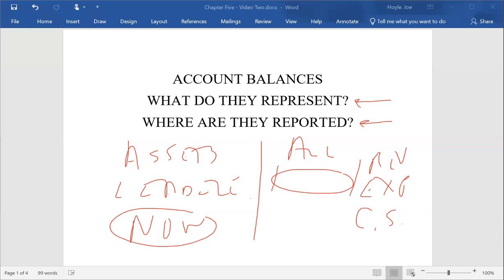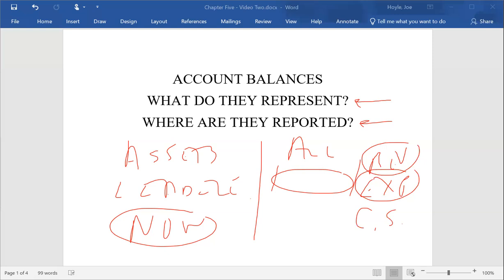Now, when we talk about the past, what time period are we talking about? For almost all accounts, the time period, at least in this course, is going to be 1 year. So when we measure revenues, we'll measure it as the amount of revenues in the past for the past year.